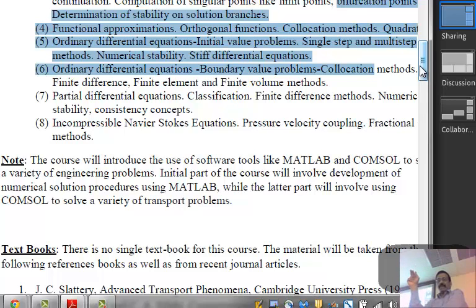What Mrinal will do, either during the lecture hour, good morning, come in, or from his office, is record illustrations of how to solve a variety of problems using COMSOL. But I think it is important that you do both MATLAB and COMSOL. So there will be some assignments done with MATLAB and others with COMSOL.